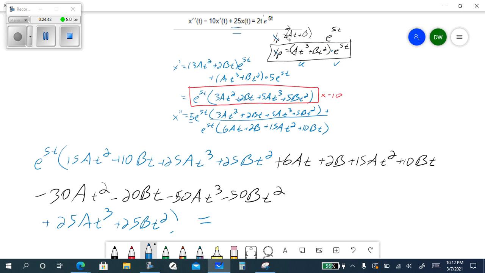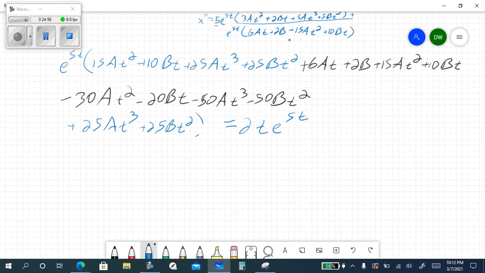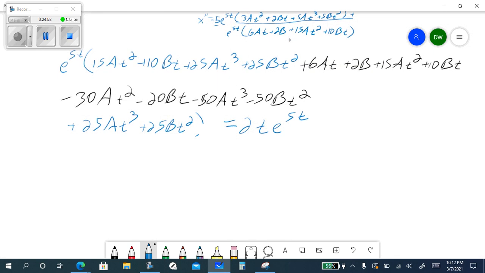So when we add all that together, that should equal 2t e to the 5t. So that's a huge mess. But we have a lot of things in common. So let's notice that we have an e to the 5t here.